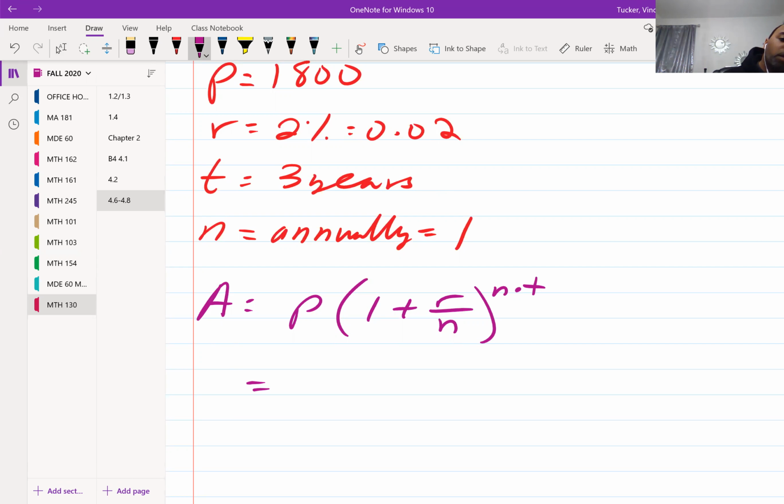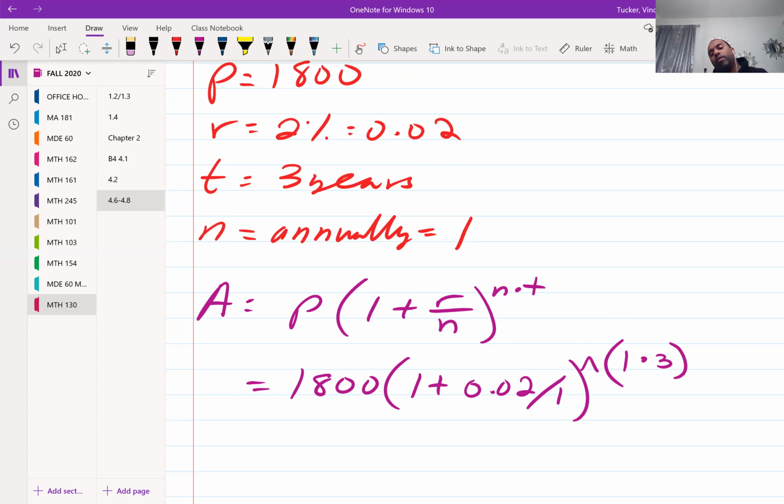So you can put it in your calculator like this. Oh, the N was 1, right? Yep. And so, using this symbol right here raises it to a power. Put parentheses around all of it in that order.